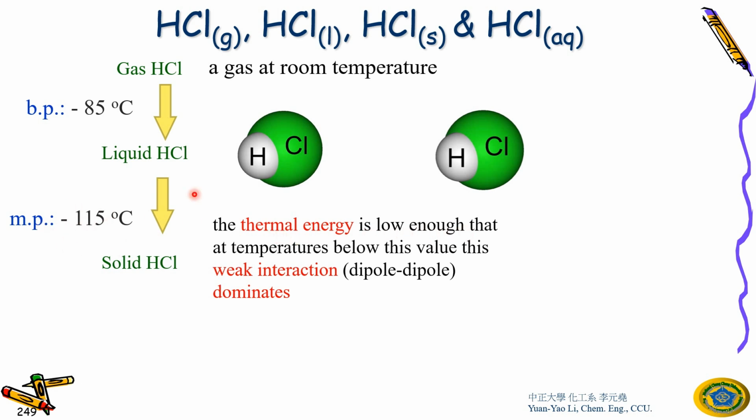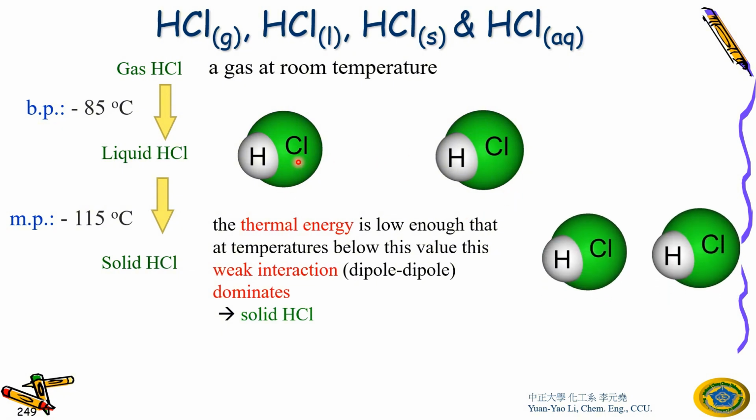The energy in this environment is low enough that at temperatures below this value, the weak dipole-dipole interaction dominates. Because the environment energy is very weak, it becomes solid hydrogen chloride, and the molecules will even become closer.